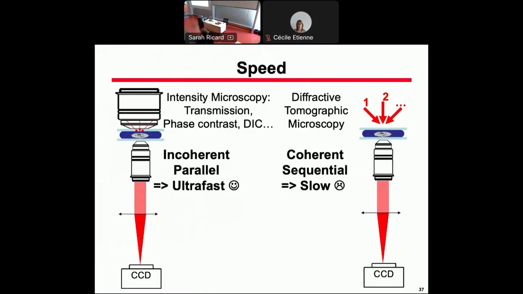You illuminate the sample from all angles at the same time. Everything is parallel in the system. So basically, it's superfast. In tomographic refractive microscopy, you have to control the illumination. So it has to be sequential. And if it is sequential, it means it's automatically much slower than this one. It does other stages, but it's much slower.